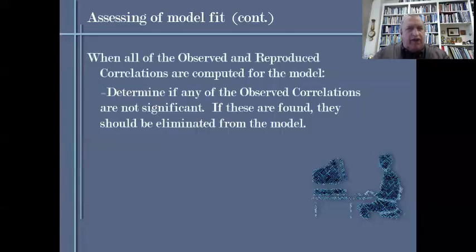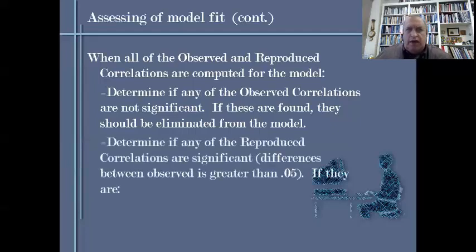And if you find that the observed correlations are not significant, then these most likely should be eliminated from the model, unless there's some reason, as the textbook states, that theoretically you should leave them in. So if you do an observed correlation where you do the regression between the two variables and it's not significant, then you should remove that part of the model and progress from there.